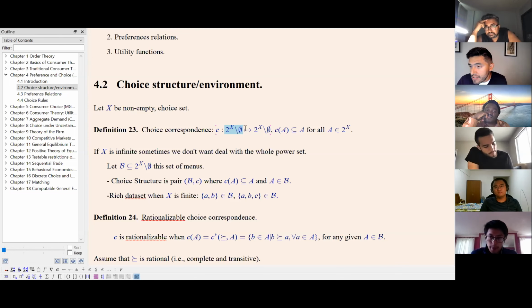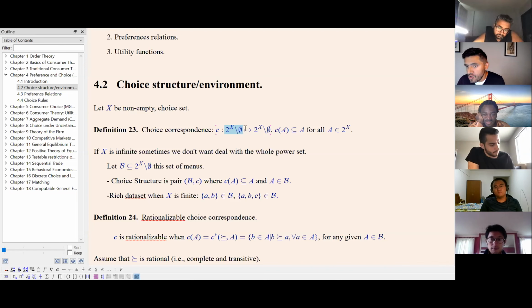A choice correspondence is when you can choose more than one item, or in the words of decision theory, when 1 or more items are choosable, okay? It doesn't mean that you actually choose them, it just means that they are choosable, okay? And a choice function is when you can only pick one item out of the choice set, okay? So a function is unique, a choice correspondence is not unique. It's a set-valued object.